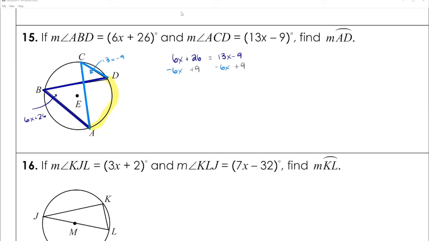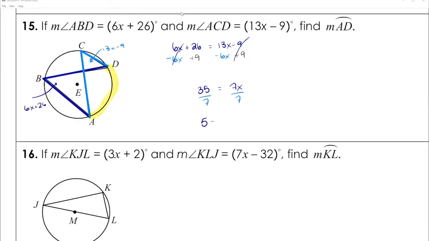So 26 and 9 is 35, and 13 minus 6 is 7. Divide both sides by 7. So x equals 5. That's only half the battle.